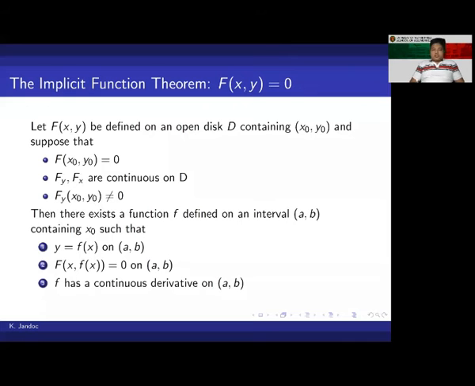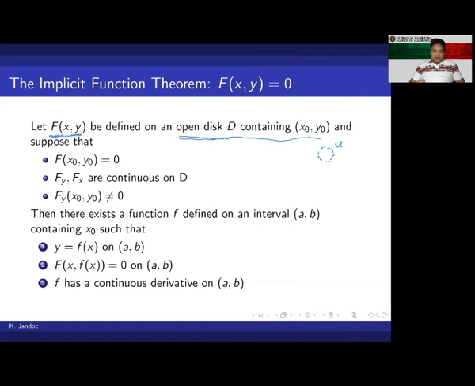So what are the conditions under which you can express y as an explicit function of x? This is due to the implicit function theorem. So what does the theorem say? Suppose you have an implicit function f(x, y) defined on an open disk D containing a point (x0, y0). That open disk D is that broken circle U that we had in the previous slides.